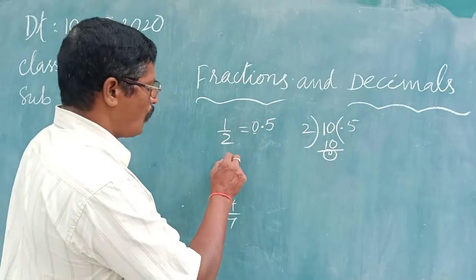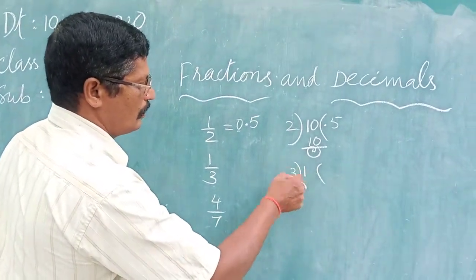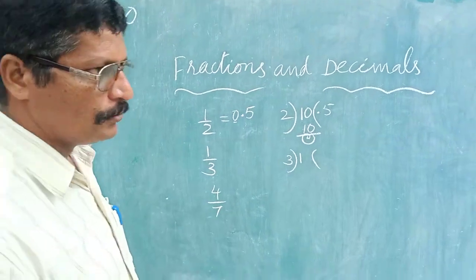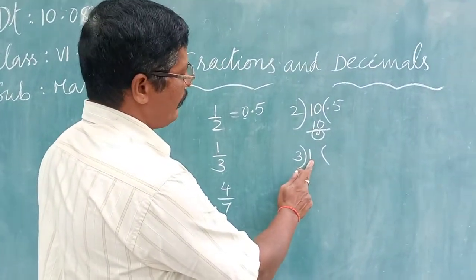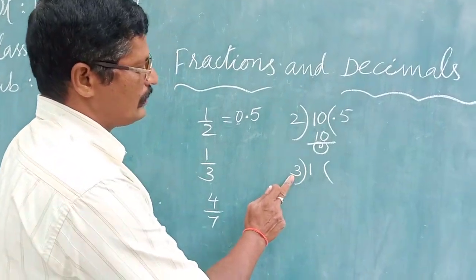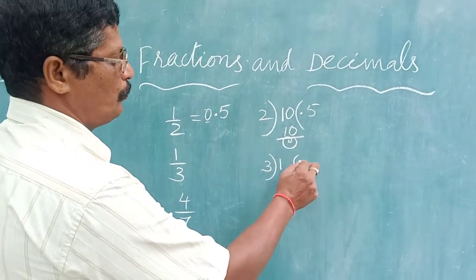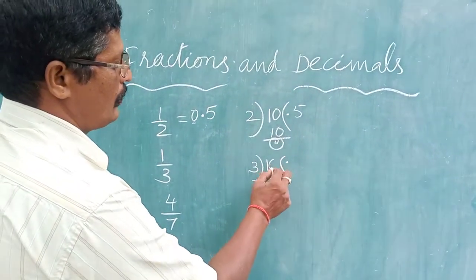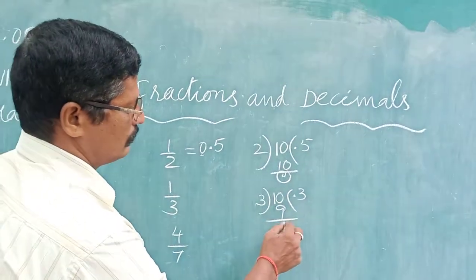Okay, 1/3. Divide the numerator by the denominator. Here the dividend is 1, the divisor is 3. The divisor is greater than the dividend, so put a point here, then 0 comes. 3 3s are 9.